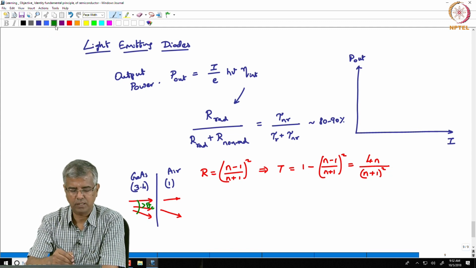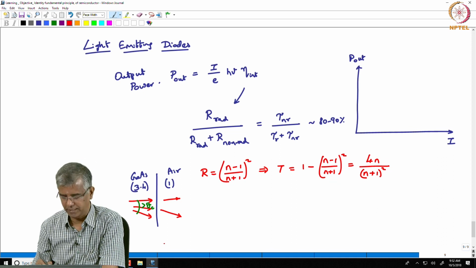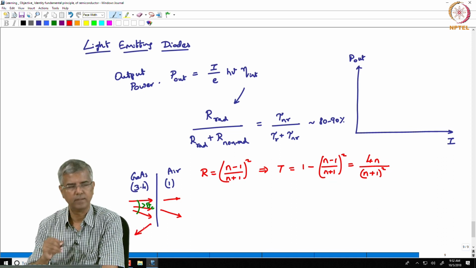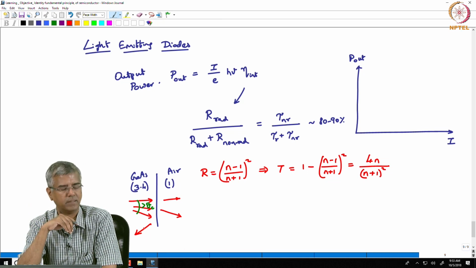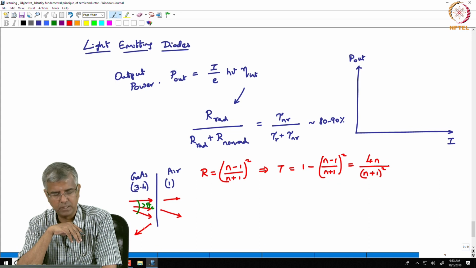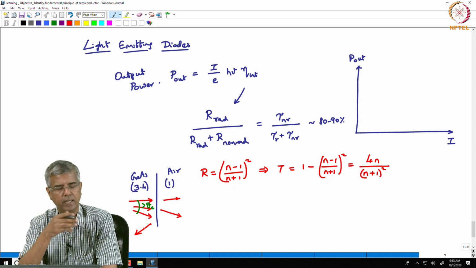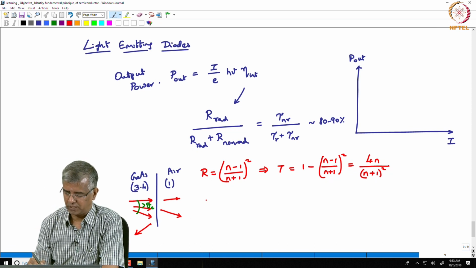If you have such a ray that is greater than the critical angle, it will be totally internally reflected, right. It will not escape that material. So it will be totally internally reflected within the material itself, and you will not see the light come out of that.